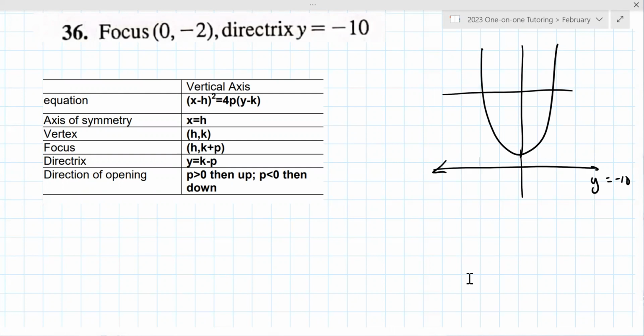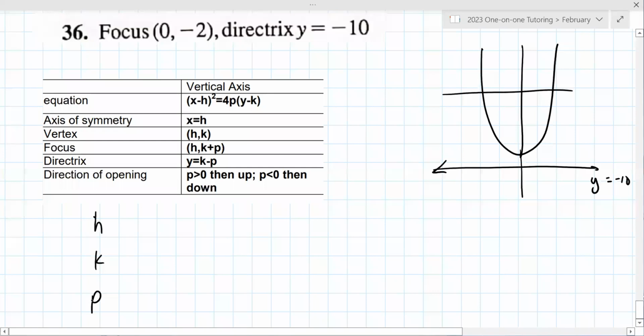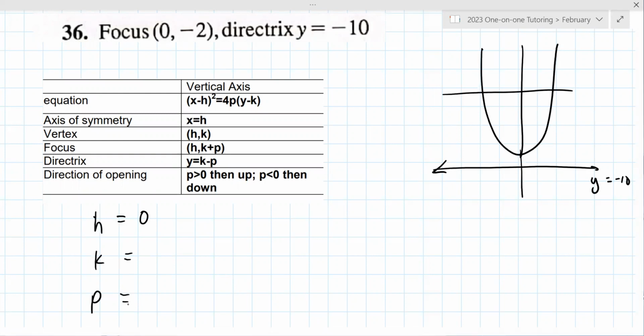So I'm just looking for H, K, and P. H is 0. And then K plus P equals -2, and K minus P equals -10.